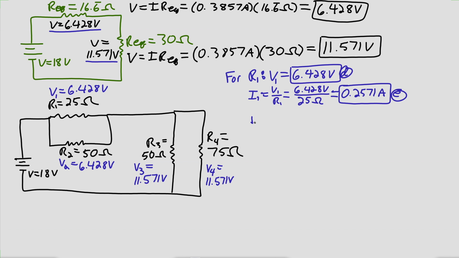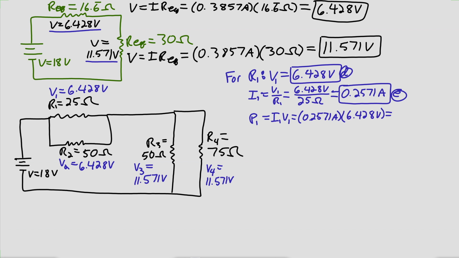And finally, the power. The power P1 is going to be, using Watt's law, I1 times V1. So 0.2571 amps times V1, 6.428 volts.